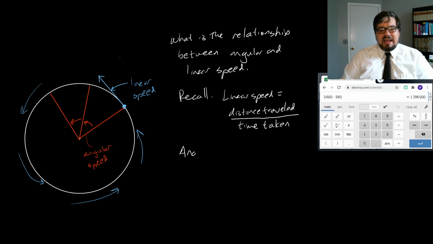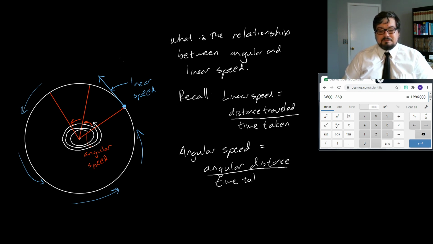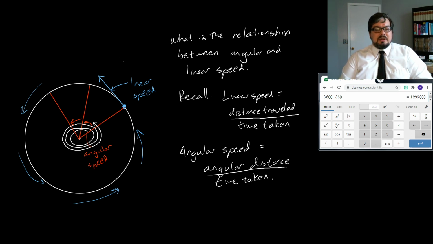And similarly, angular speed is equal to the angular distance. That is basically how far you went around your circle, divided by the time taken again. So what I can do is I can look at this object and I can fix a certain amount of time.